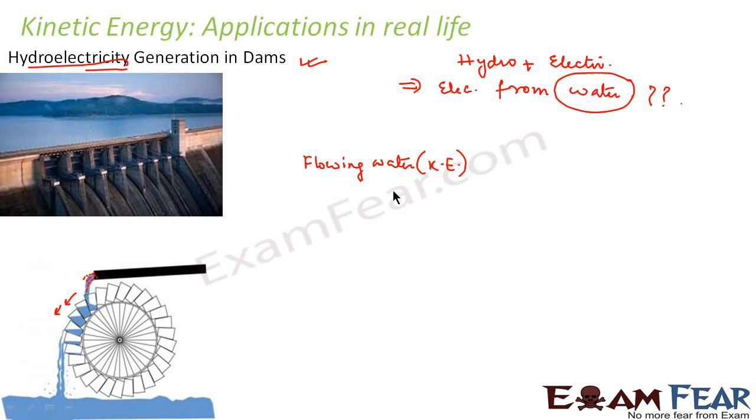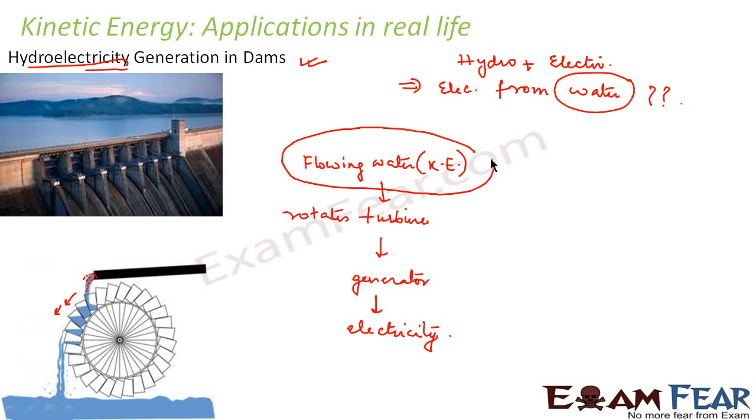So this flowing water which has kinetic energy rotates the turbine. The turbine in turn rotates the generator, and this generator in turn produces electricity. Right, so we see that this kinetic energy of water has a practical application in our daily life in generation of electricity.